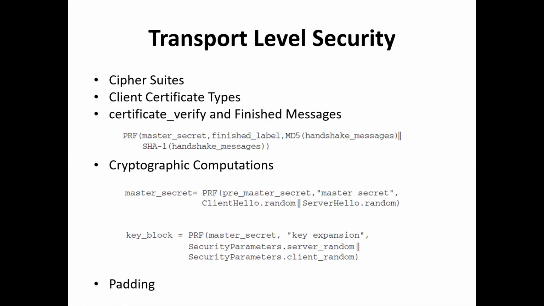Then we discussed alert messages with respect to TLS, and also cipher suites, client certificate types, certificate verify, finished messages, cryptographic computation, and padding. So this is with respect to transport level security. Thank you.